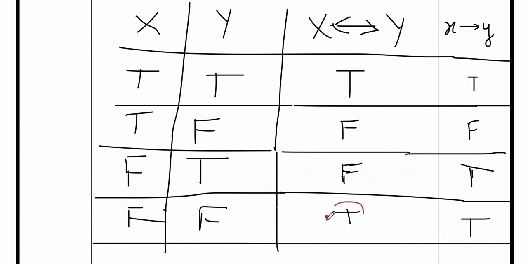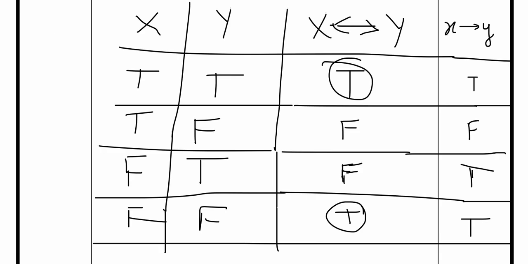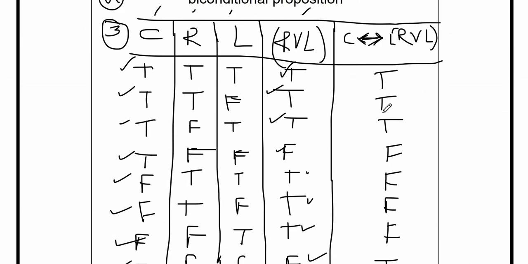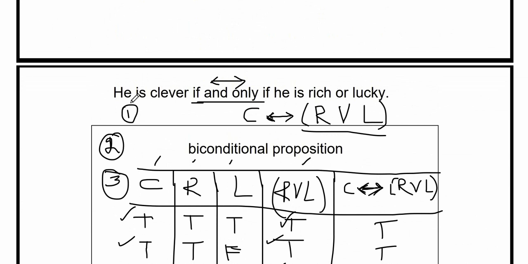You see, it is true only when both are true or both are false. Otherwise, it is false. So this completes our truth table for "he is clever if and only if he is rich or lucky."